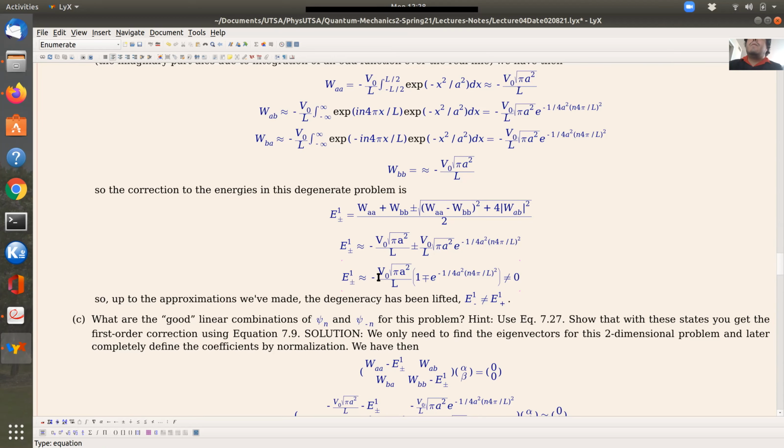Now, we have made an approximation, but it's comforting to notice that the correction to first order is not zero. Why is that? The only way this could be zero is if this would be zero, say e to the zero, but that's not the case.